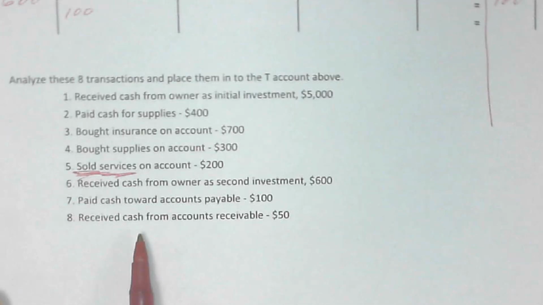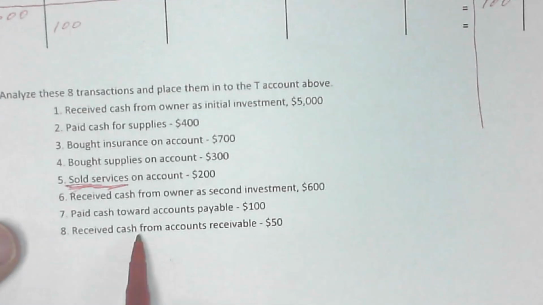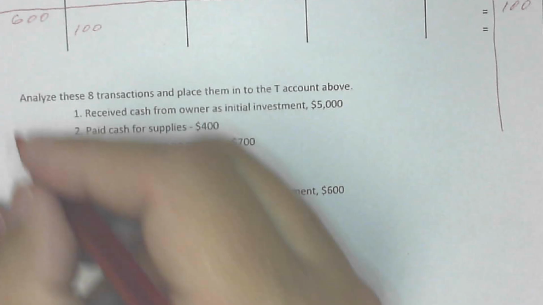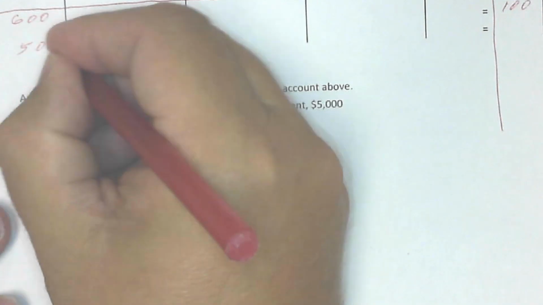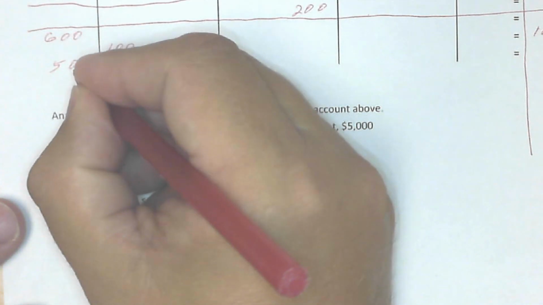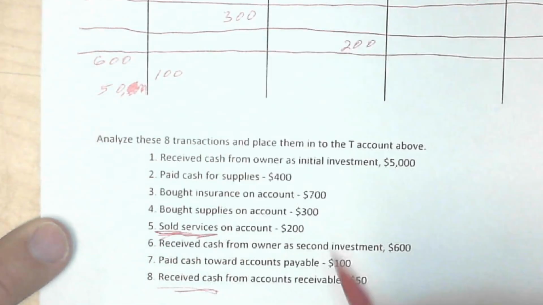Our last one, received cash from accounts receivable. So, received cash. Cash goes up, so we've got an increase here. Oh, I wrote 500, should only be 50. Should only be 50 there, not 500.